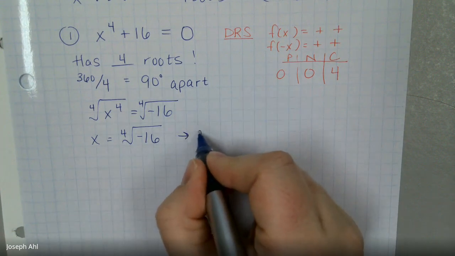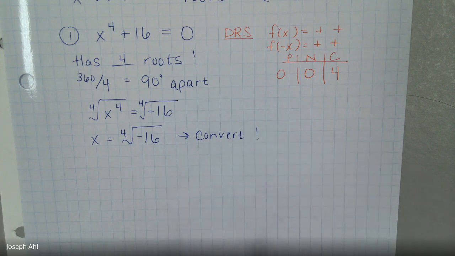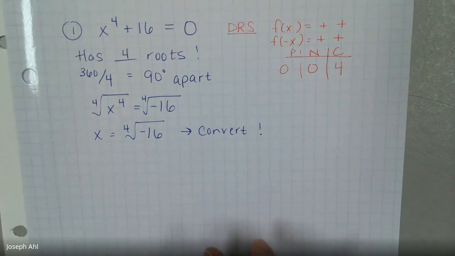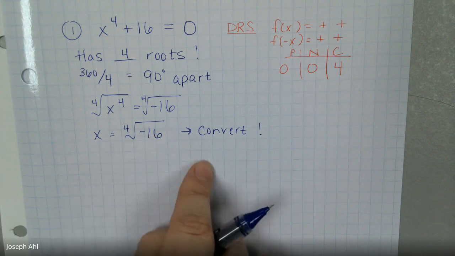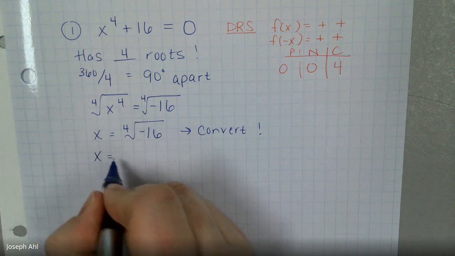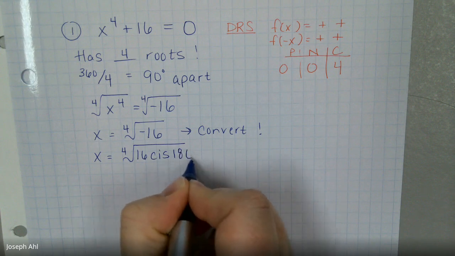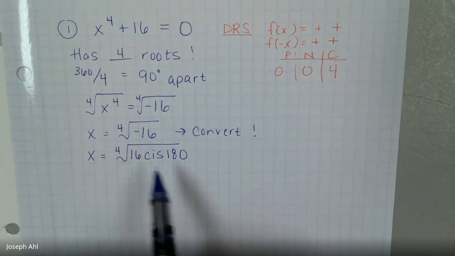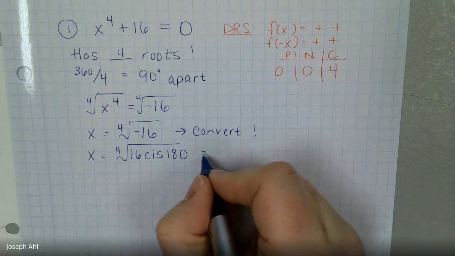You must convert this into polar form before you go ahead and decide what the 4th root of negative 16 is. By the way, this is just going to be the principal root, the first solution that we get. Negative 16, I'm not going to draw the picture because I'm hoping you're okay with it, would be 16 cis 180. And now we can actually apply De Moivre's theorem and figure out what that principal root, that first solution, is.